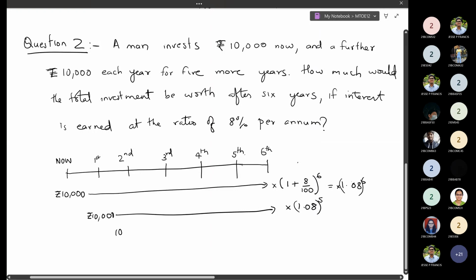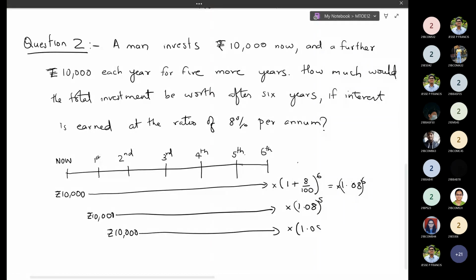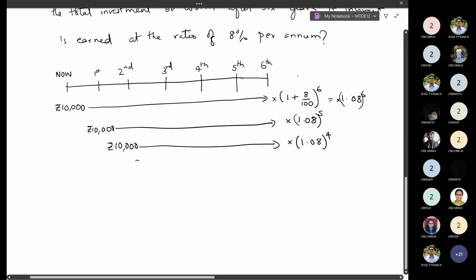Similarly, again 10,000 turns out to be into 1.08 to the power 4. Again, rupees 10,000 turns out to be into 1.08 to the power 3.